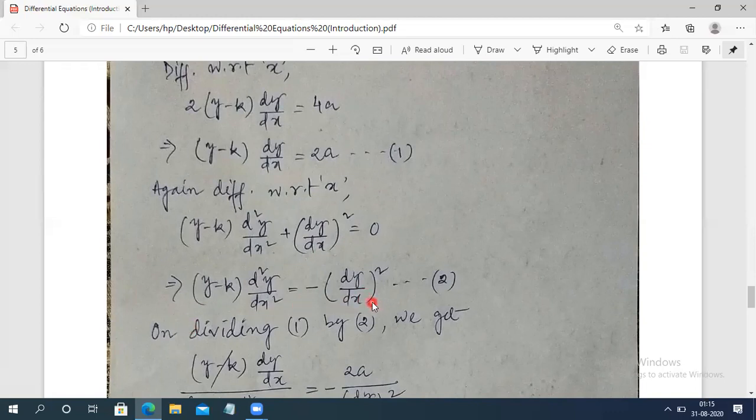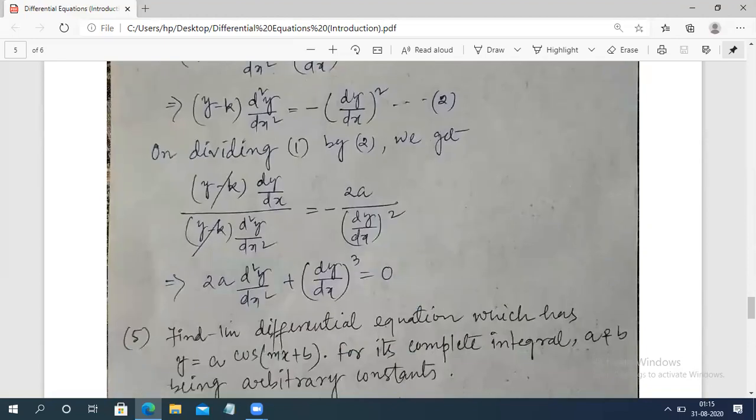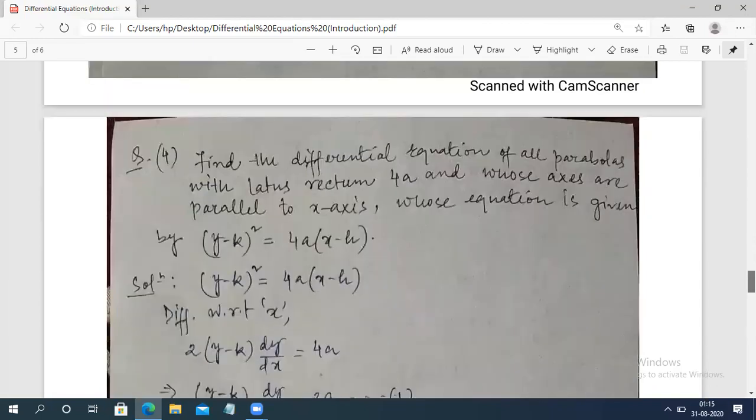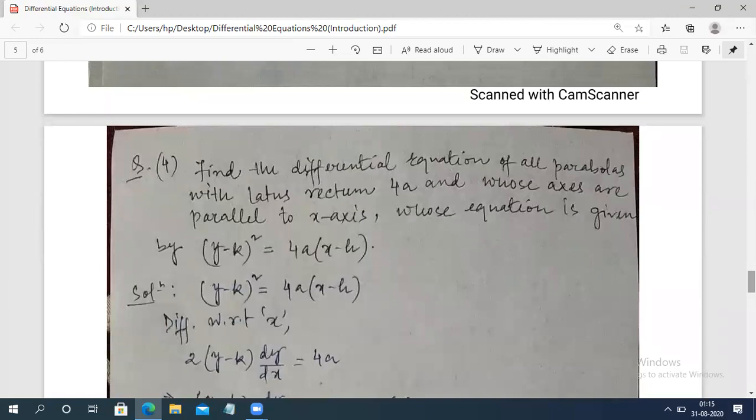Now we divide 1 by 2, and after the simplification we'll get 2a d2y/dx square plus (dy/dx) whole cube is equal to 0. So this is the differential equation of the given parabola (y minus k) whole square equal to 4a(x minus h).